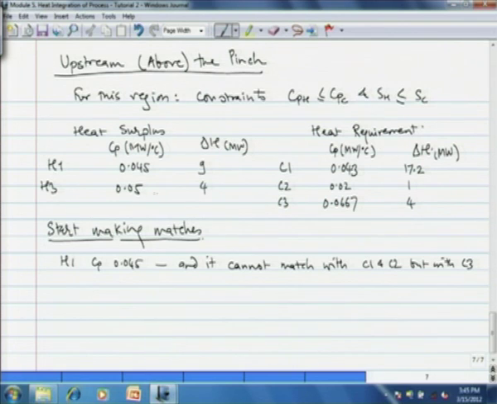However, the heat that is available with H1 is much higher than the heat requirement for C3, and therefore, what we do is that we split H1 and couple the segments with C1 and C2. Okay.